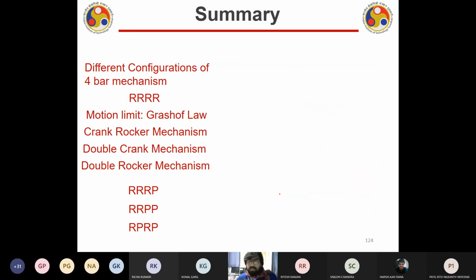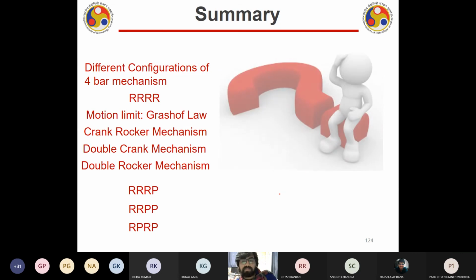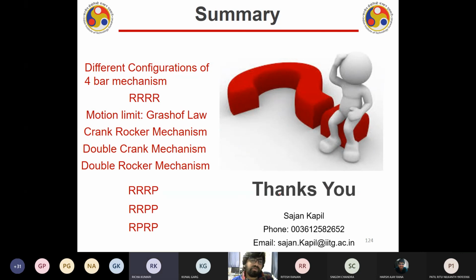Do you have any doubts? Okay, what we have seen, let me just summarize. We have seen different configurations of 4-bar mechanisms. We have seen 4R mechanisms, and we have discussed the motion limit for Grashof law. We have also discussed the crank rocker mechanism, double crank mechanism, double rocker mechanism, and also 3RP, RRPP, RPRP mechanisms and their inversions, where we discussed the Oldham coupling, elliptical trammel, and the Scotch-Yoke mechanism.